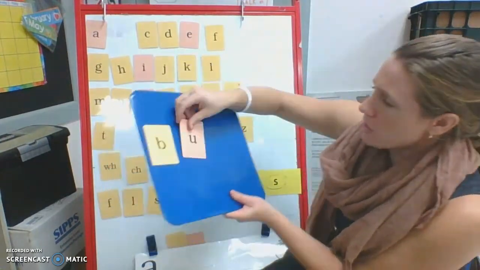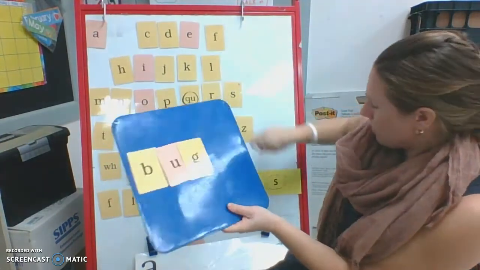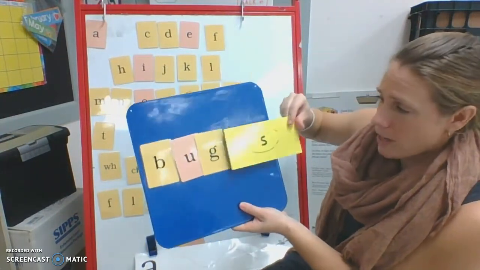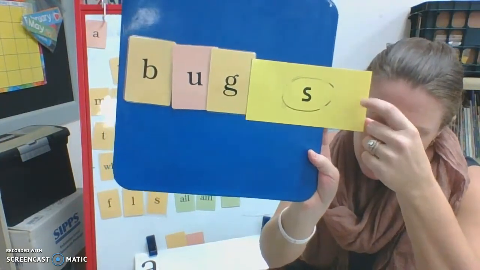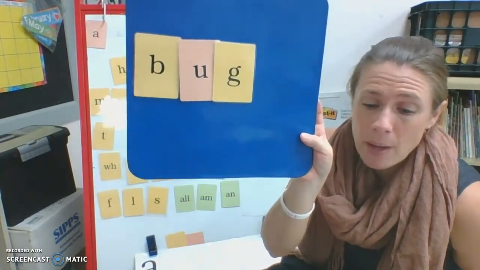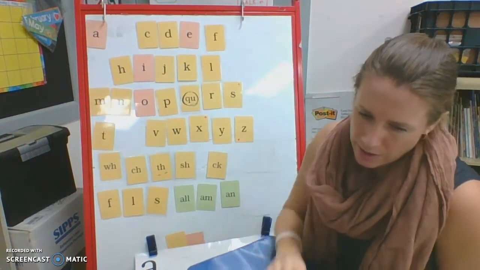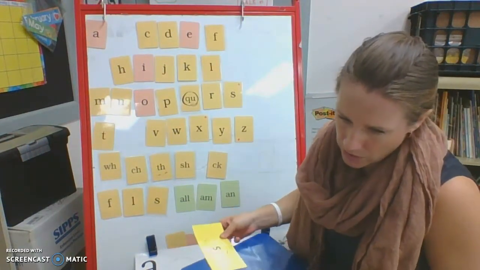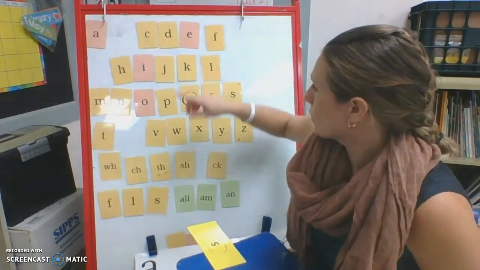So I would say b-u-g, bug. And then to make it say bugs, I would add my suffix S. And our suffixes are a different kind of yellow, like a highlighter yellow. So what's the base word? Bug. Good. Let's do another one. I want to show you.